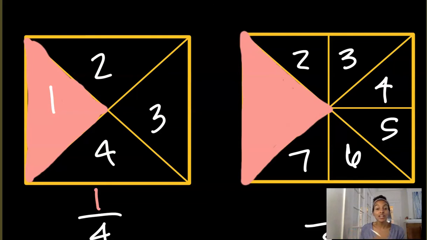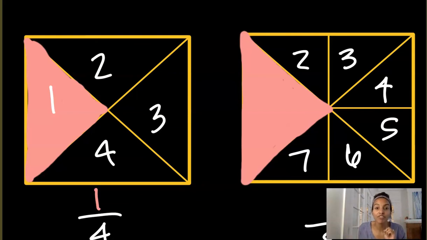Well, now I see, because my two squares are the same size, even if they were divided into a different number of parts, that if I shade in 2 parts of my second square, it covers the same amount of space as this part over here on my first square.